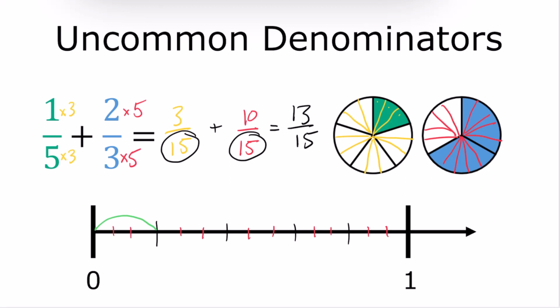And so instead of adding 2/3, I can add 10/15, and I can say, okay, well, here's 1, 2, 3, 4, 5, 6, 7, 8, 9, 10. And that puts me at the mark that represents 13/15. And you could also think about it and say, okay, well, how many 15ths is in 1/3?